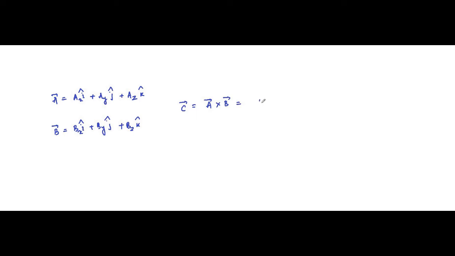We have to multiply both the vectors through the cross product technique: ax i cap plus ay j cap plus az k cap, cross bx i cap plus by j cap plus bz k cap.